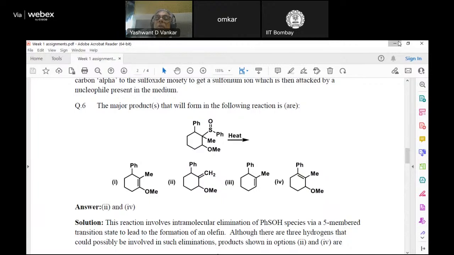And whatever the stereochemistry of the OH group is, the dihydroxylation would occur from that side. Okay, do you understand?